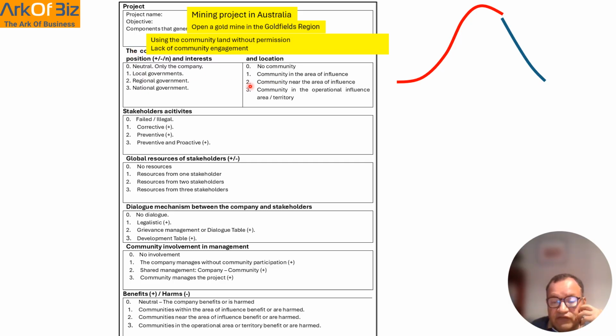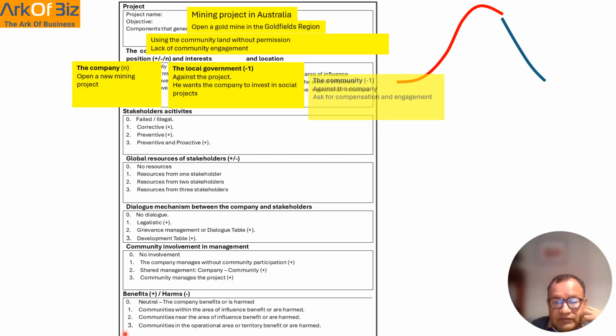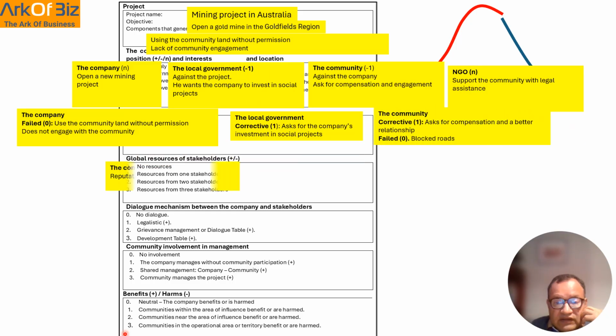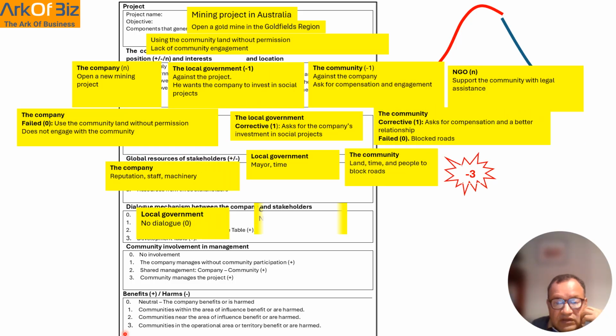So we have identified the stakeholders involved, the stakeholders' activity, the global resources used in the conflict, and what dialogue mechanisms were used. We have completed these so far.